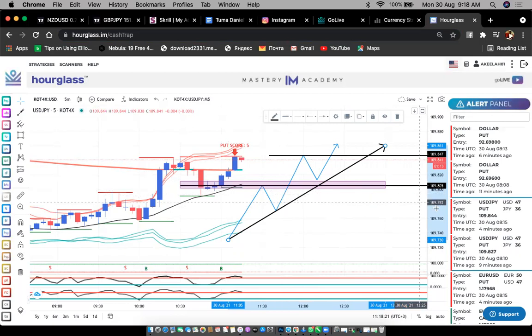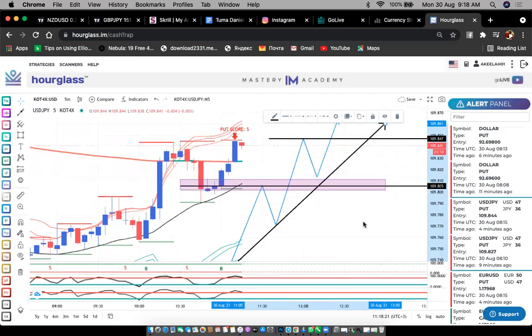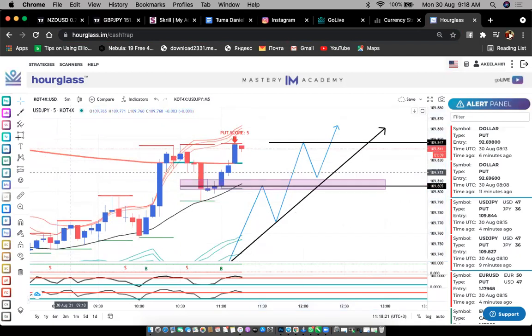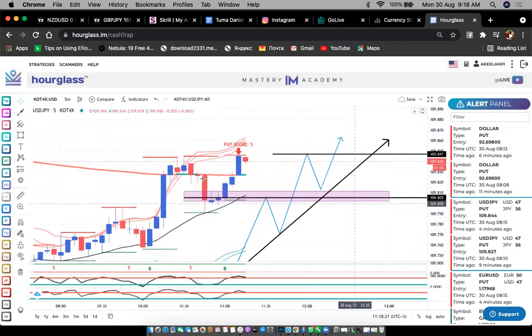Now, what makes this valid for an uptrend? You want to see markets do this. Hold on, let me pick the drawing tool.